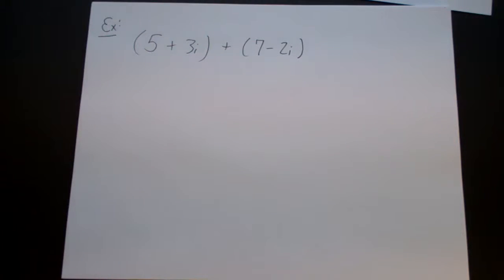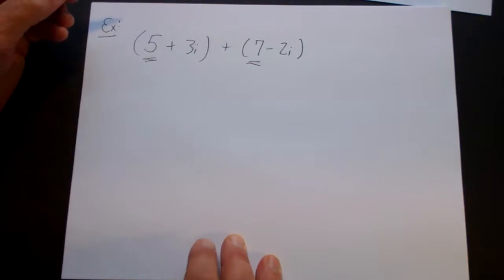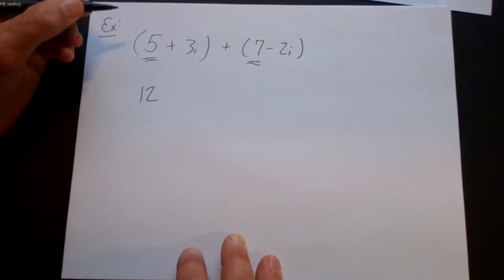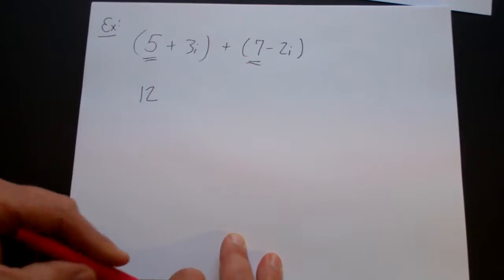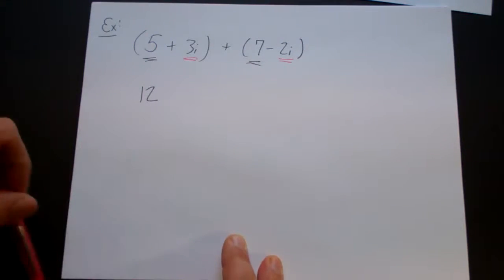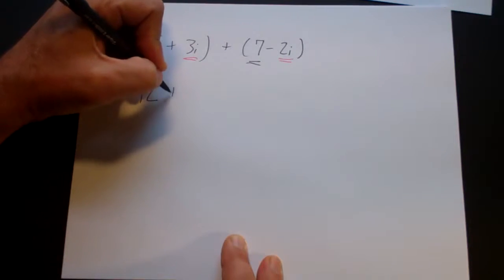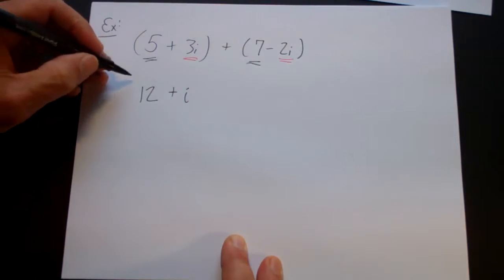So let's think about this. What would this be if instead of i's, those were x's? Well, in that case, these are like values, the 5 and the 7, so that's going to be 12. And the 3i and the minus 2i are like terms. So 3i and minus 2i is a positive i. And we're done.